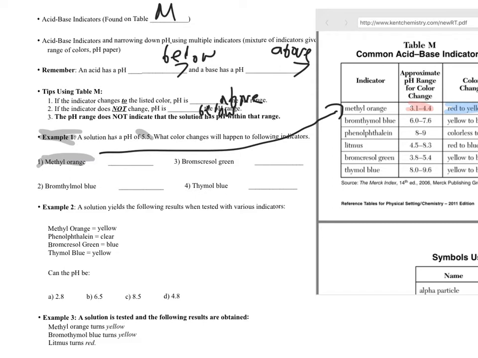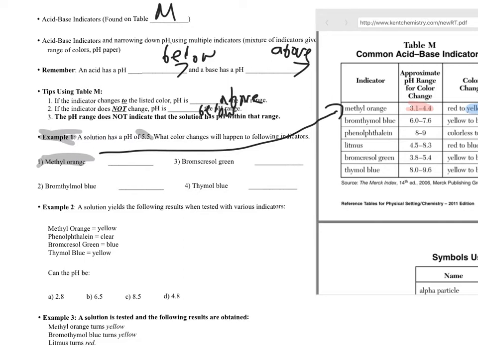We should definitely, actually, here, why don't I do it this way? We're definitely going to be on the higher end, so we're going to use that, okay? So because our pH is higher than the pH range of methyl orange, that means that methyl orange should turn yellow.